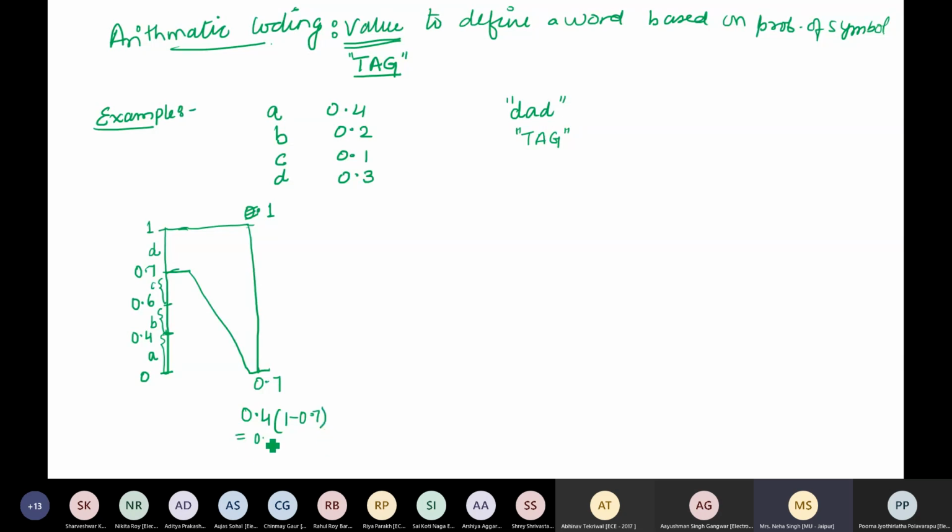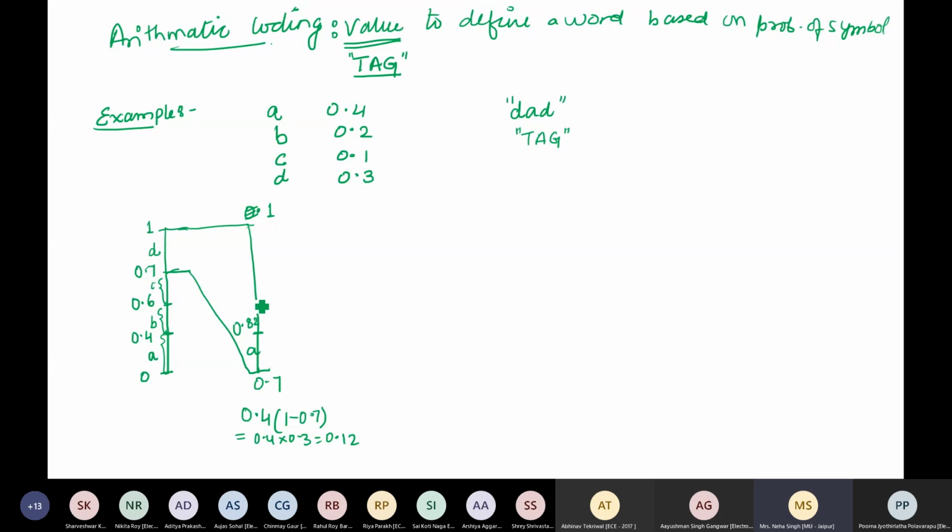How much is this? 0.12. So add 0.12 here, so this would be 0.82. Now any number which lies between 0.7 and 0.82 will be used as the tag for transmitting A after D. So DA, if it is to be transmitted, I should send out a number between these two values. This gives me the interval.